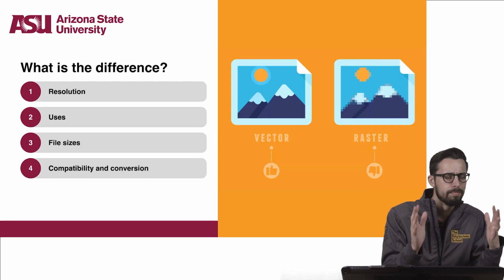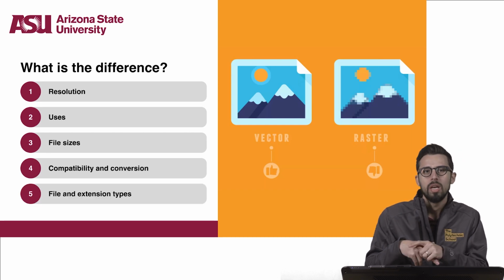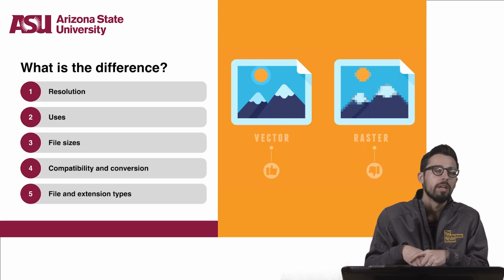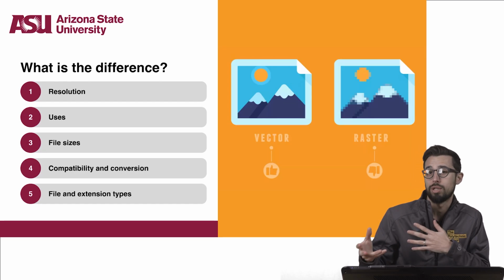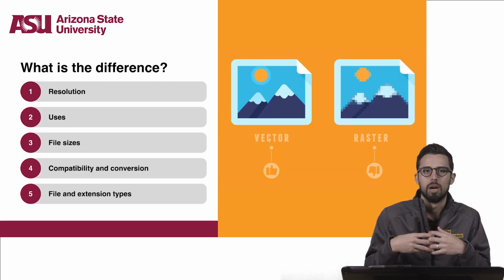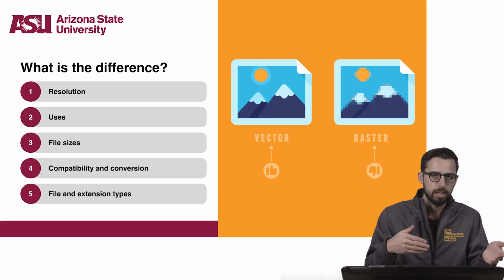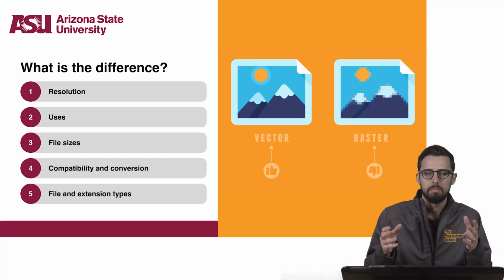So be careful there. And lastly, file and extension types. Your software will usually determine your file type, whether it's raster or vector. There are multiple types and extensions of both raster and vector files, each with their own features, to be completely honest.